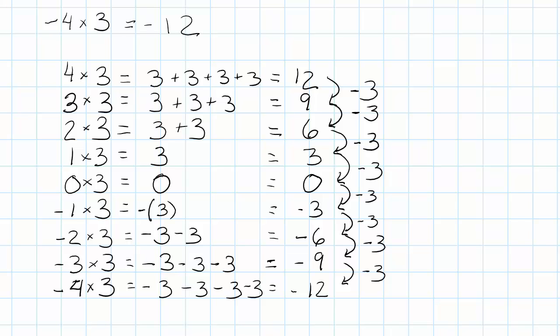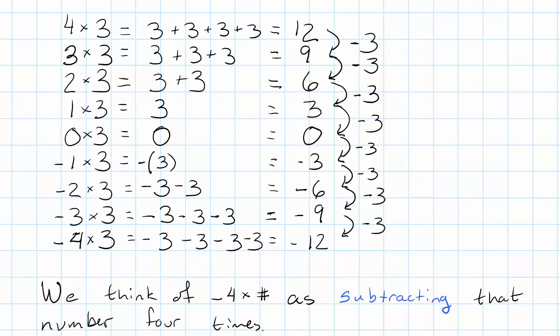And again, that's an instance of a general rule. A negative number times a positive number is always a negative number. How do we think about this? We think of multiplication by a negative as repeatedly subtracting.